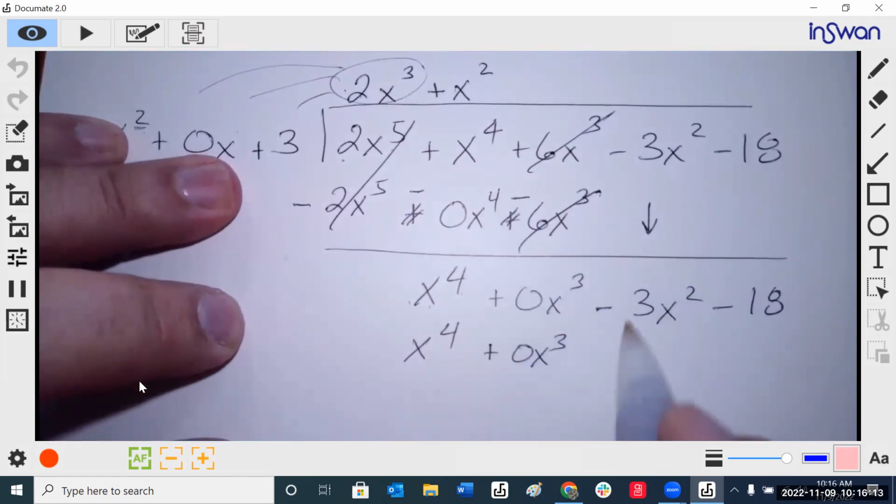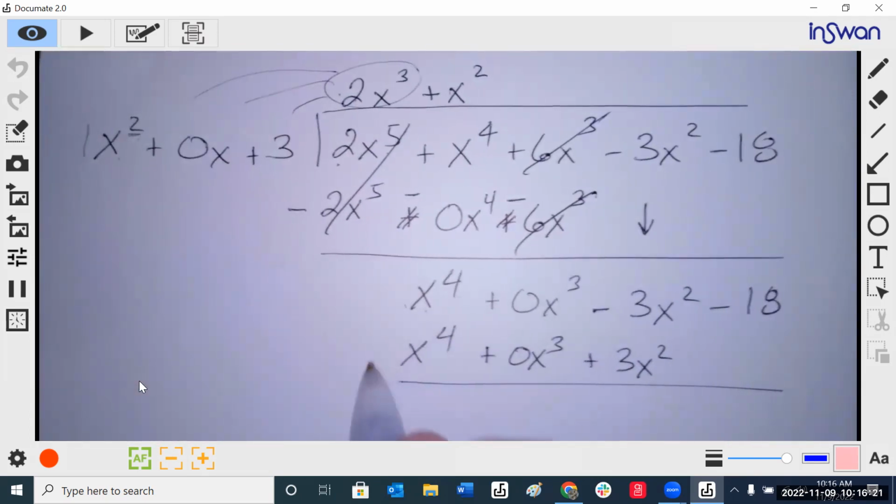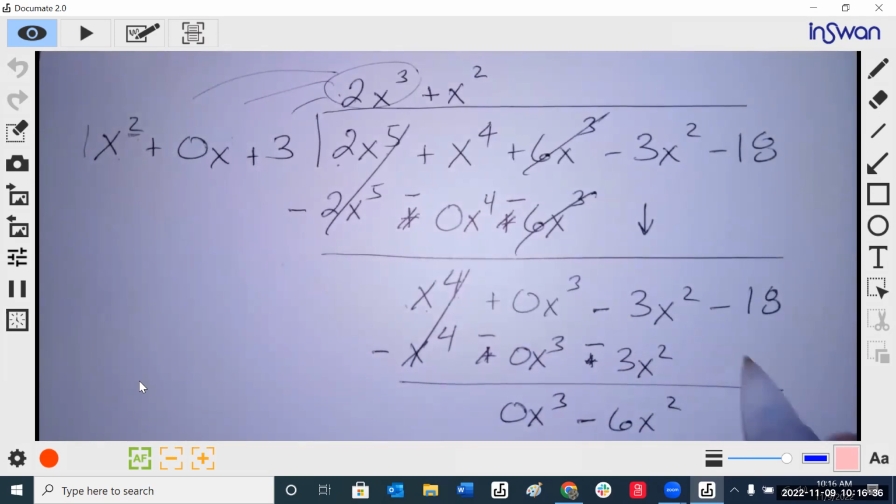X squared times positive 3 is positive 3x squared. Change the signs and add. 0, 0 is 0x to the third. Negative, negative. 3 plus 3 is 6. Minus 18.